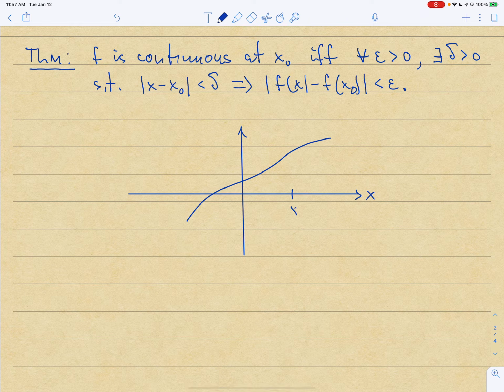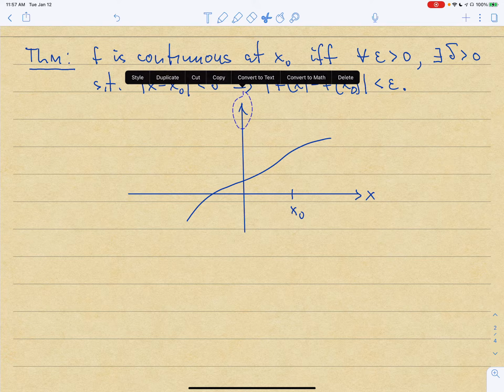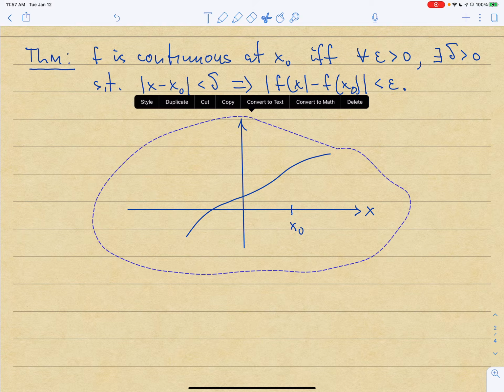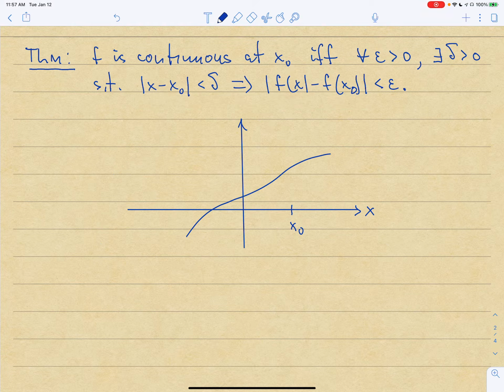I have a point x0. And what I'm saying in my theorem is the following: let's pick an arbitrary epsilon greater than 0. So here is my f of x0.